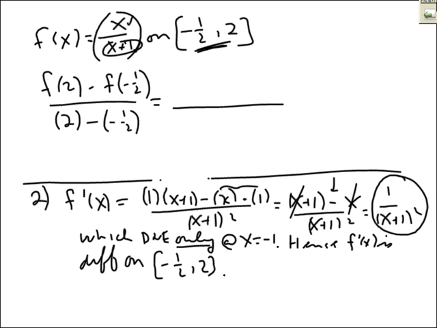F of 2 is, f of anything is anything divided by 1 more. 2 over 1 more. X plus 1 is 1 more than x. Minus, you have 1/2 over 1 more. 1 more than 1/2 is 1/2. And in the bottom, you have 2 1/2. So you have 2/3 minus 1. 2/3 minus 3/3 is negative 1/3.